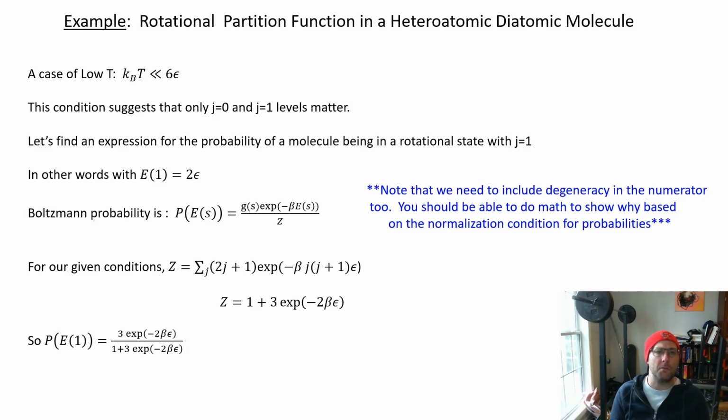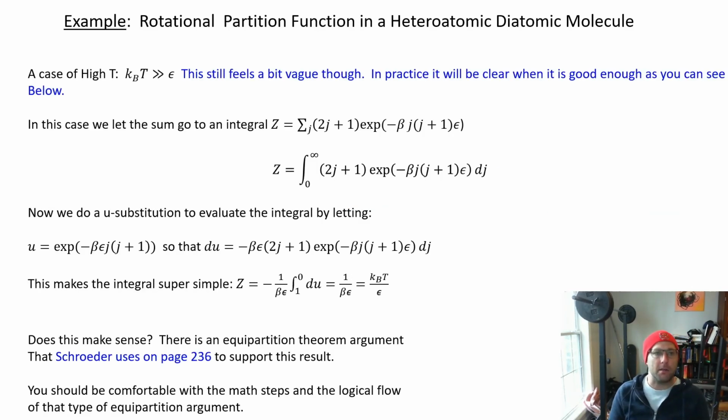So that's easy at low temperatures, and really, you could argue almost any intermediate temperature. You can just figure out what J values are relevant to you and just do the sum. But if we go to high temperatures, where let's just say k_BT is much, much greater than the energy scale, I feel like that's a vague statement, but I think we'll see in the end it's fairly easy to understand when this condition will be valid once you've worked with it a little bit.